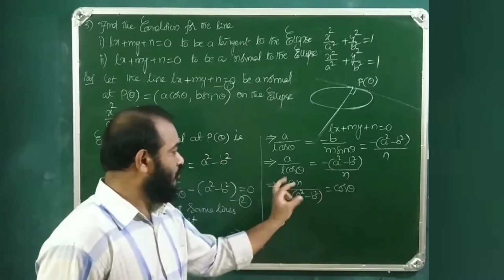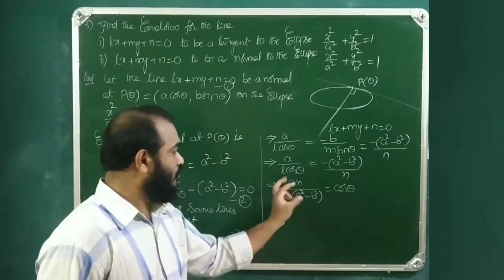So similarly, bn by m into a square minus b square is our sin theta. So if you compare these two, then we will get bn by m into a square minus b square equals to sin theta.